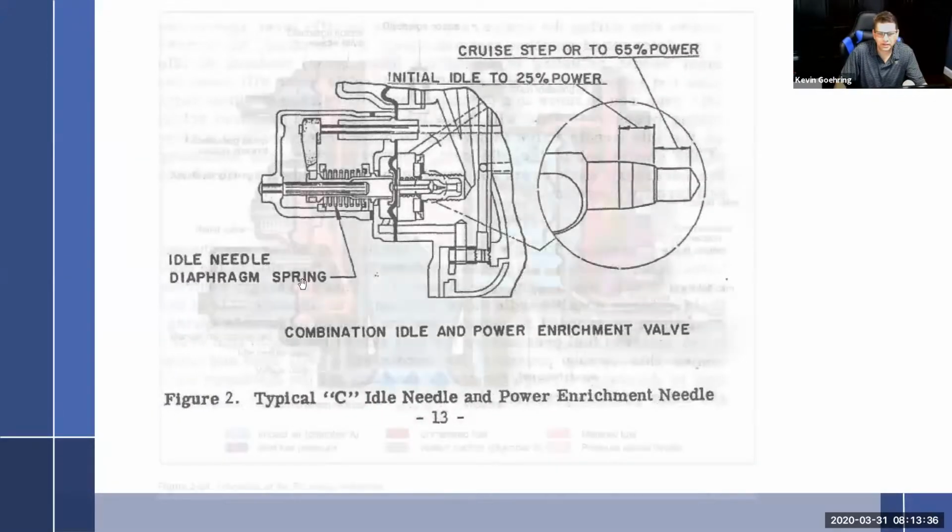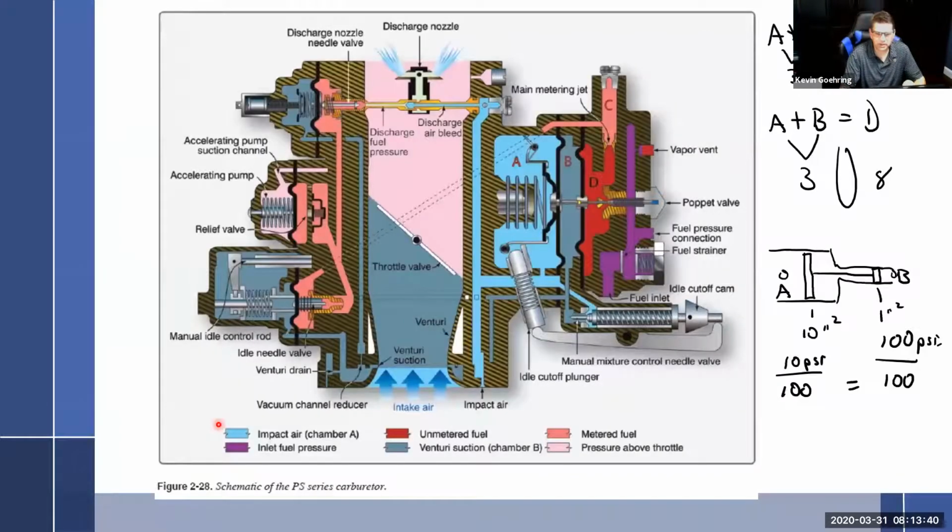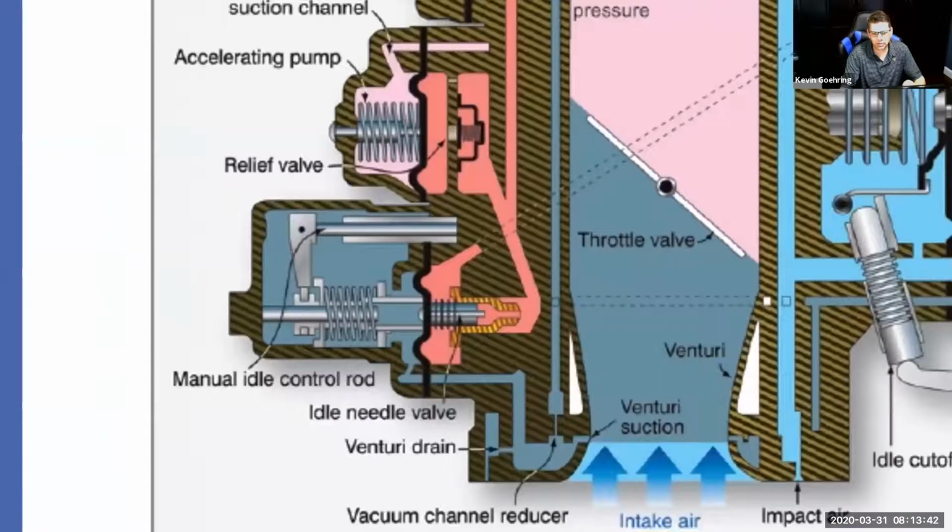All right, back in here. Okay, so what do I want to say about the manual mixture rod here, or the manual idle control rod? You can see that it's mechanically linked, and it comes down into here, and the mechanical linkage changes spring pressure.